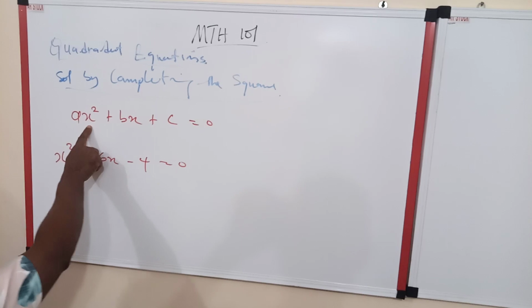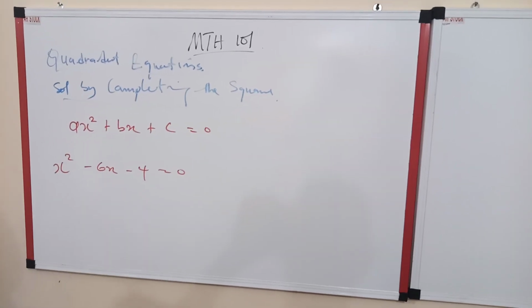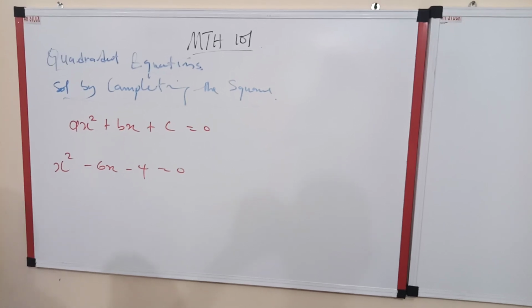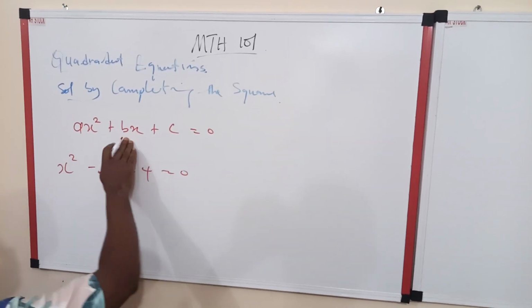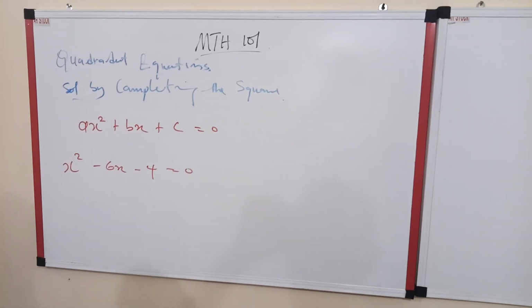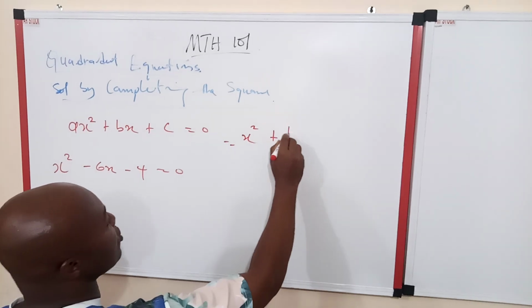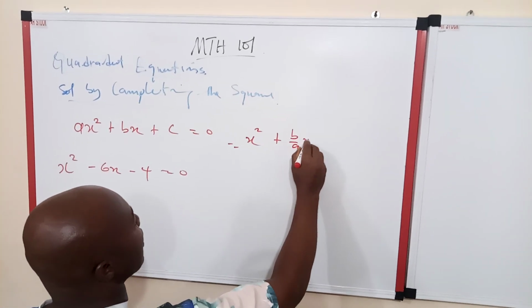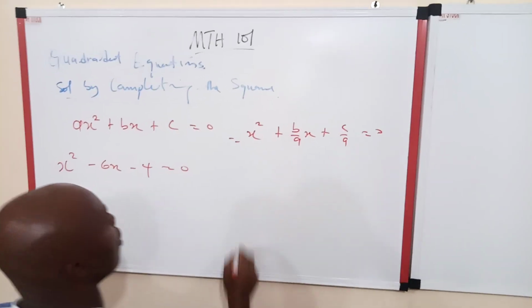When we have an equation of this form, assuming that a here is greater than 1, what we do is to divide this entire equation by a. So we're going to have x squared plus b over a x plus c over a all equal to 0.